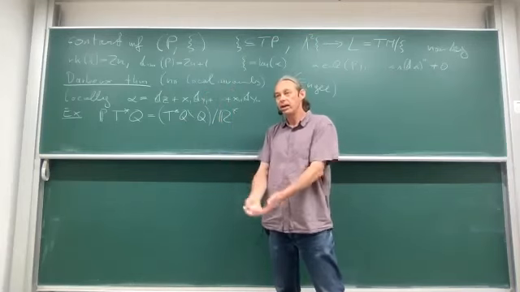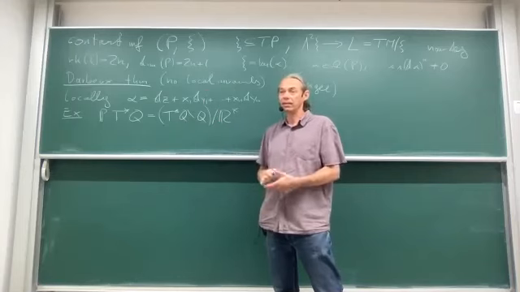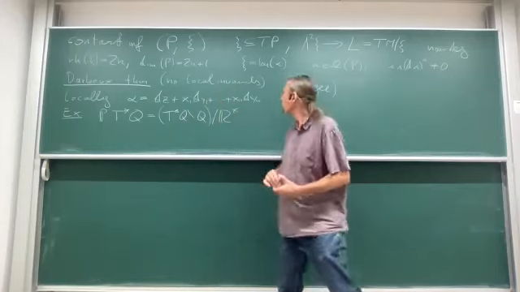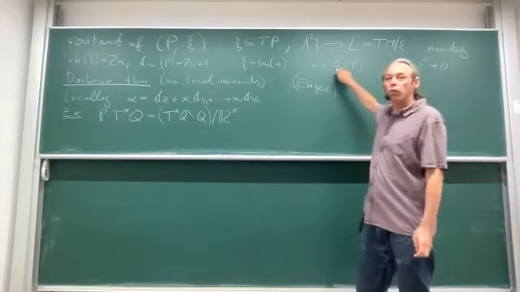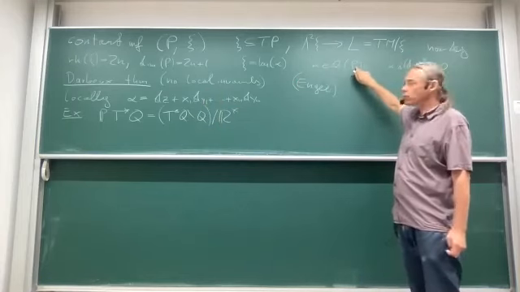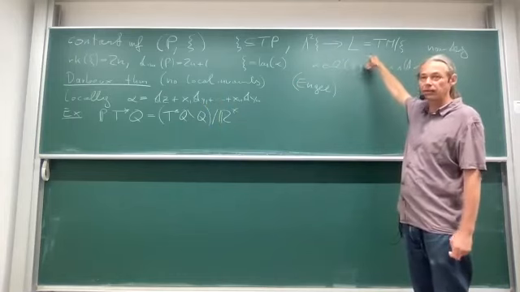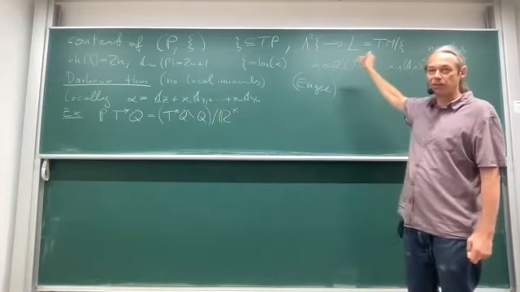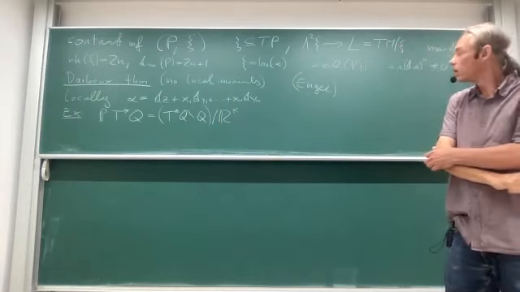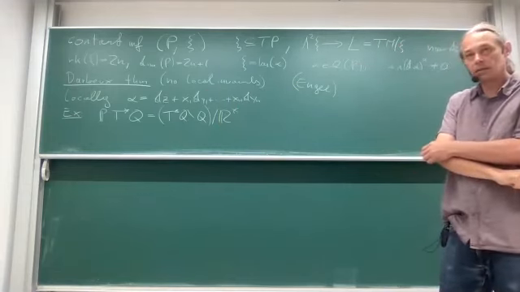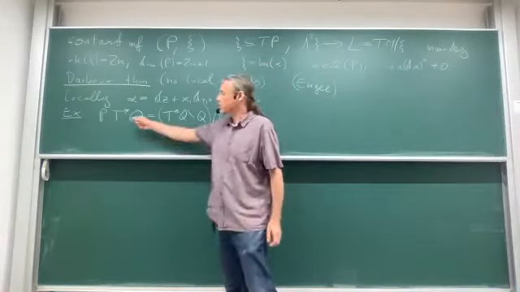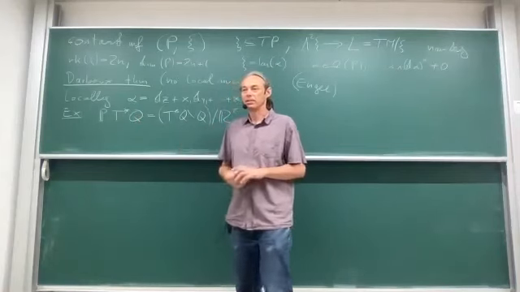You can't write down an alpha on the base, not with an honest one form. You would have to use a one form with values in some line bundle, which I'm not prepared to do. But locally the line bundle is trivial, so it's a local form, maybe. Yeah, just locally you still have the topology of projective space.